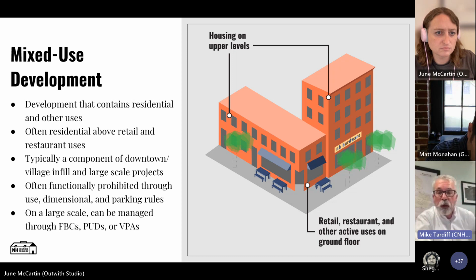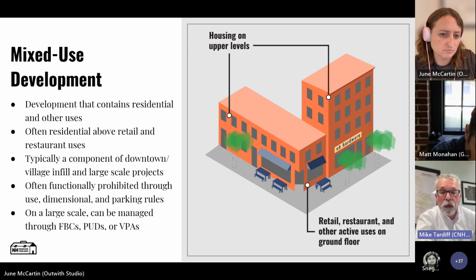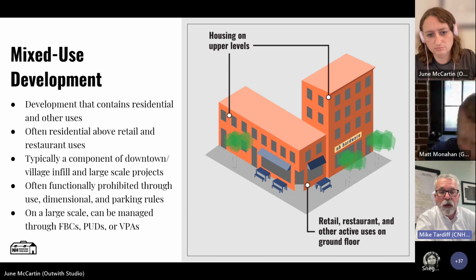So starting with a master plan, thinking about what the form and uses that community is interested in, realizing that these things are hard, and zoning changes are one path, but also understanding that small retail uses are hard to encourage, and being able to reach out to a potential retail use in mind when you're thinking about these types of changes in your zoning is all part of the package.